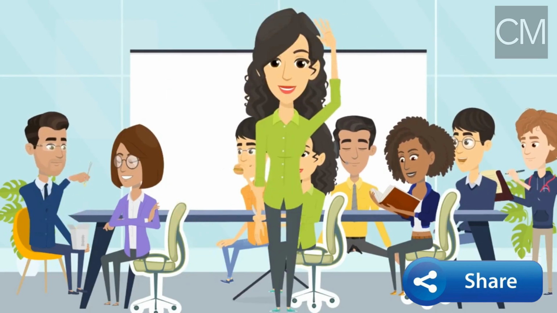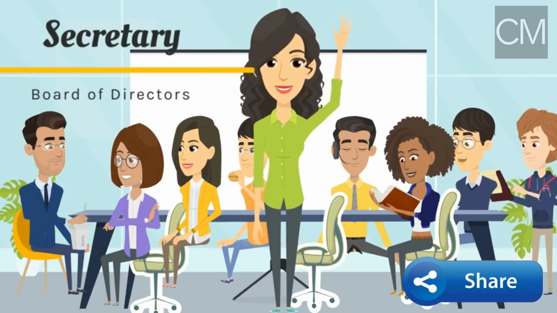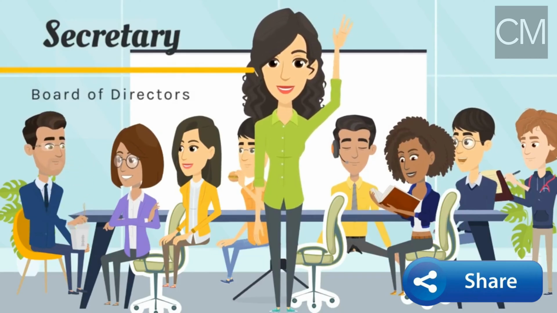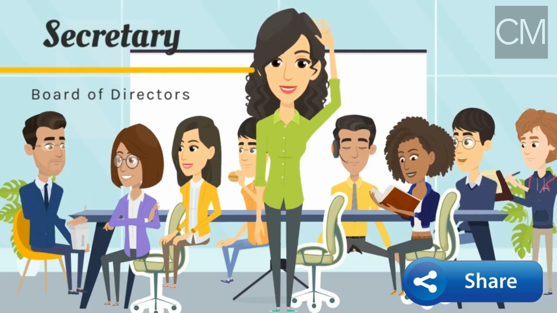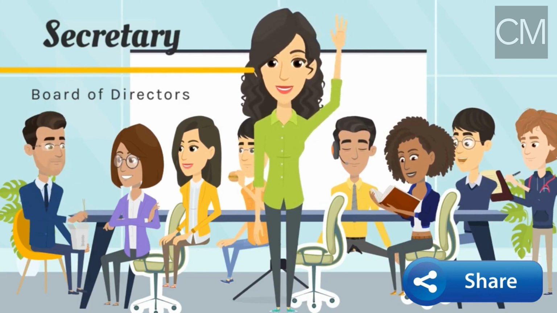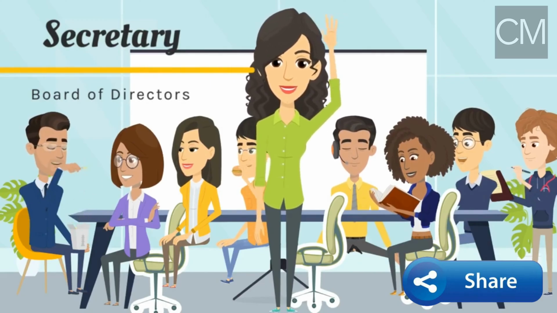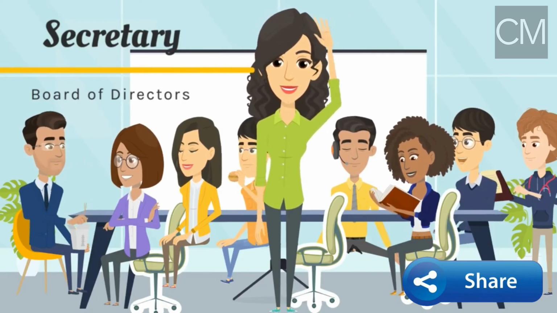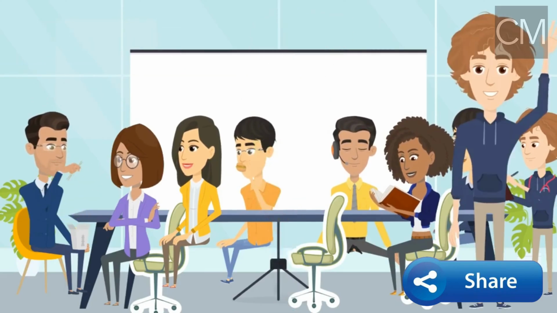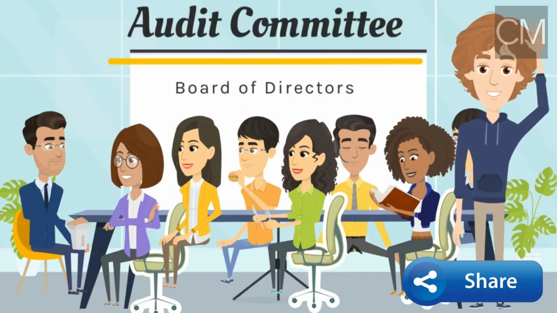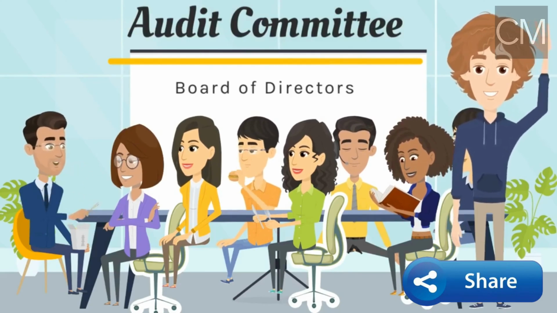The Secretary. They keep an updated and complete registry of all members, prepare and issue share certificates, and they keep copies of treasurer reports and other reports. The Audit Committee. They audit the performance of the cooperative and its various responsibility centers.